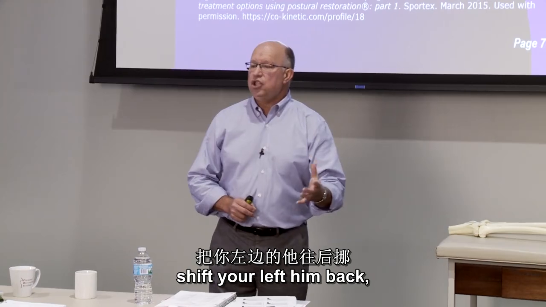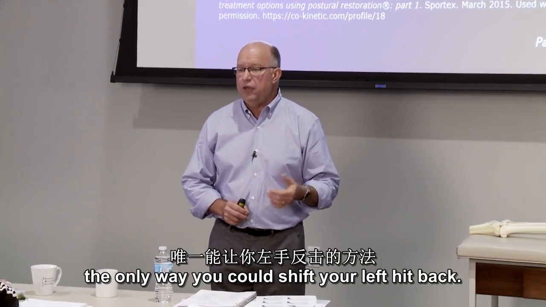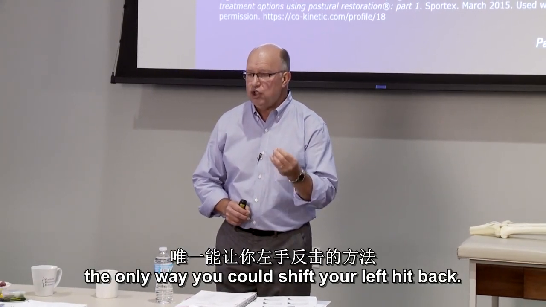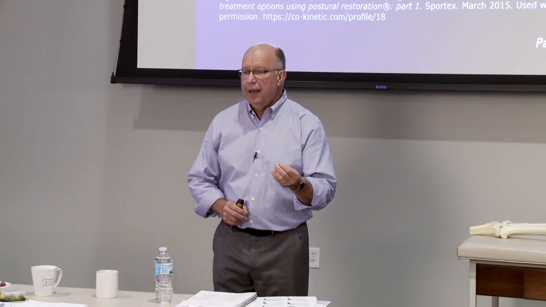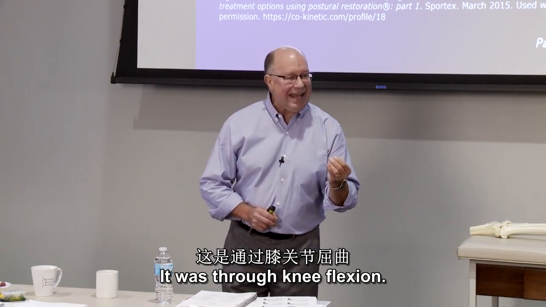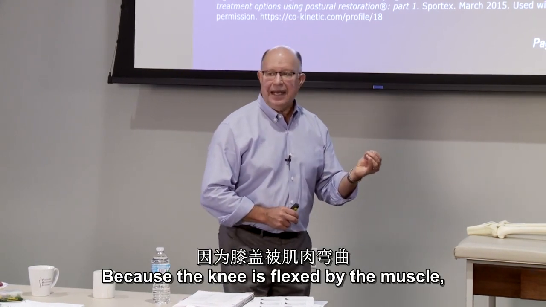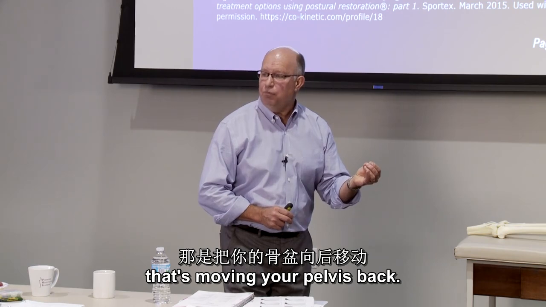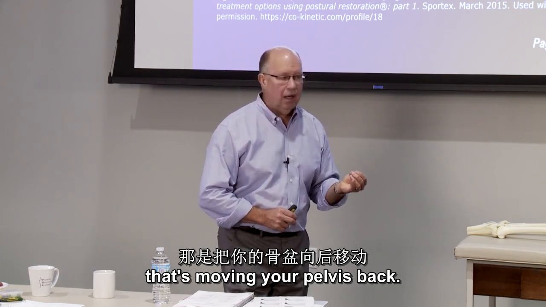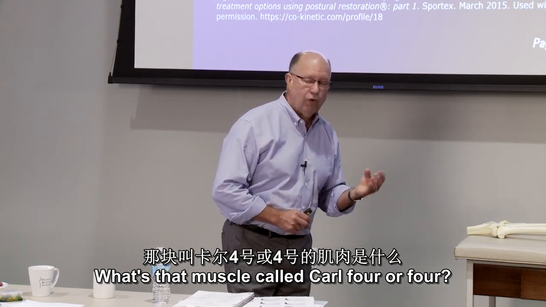When he says shift your left hip back, the only way you could shift your left hip back was through knee flexion, because the knee is flexed by the muscle that's moving your pelvis back. What's that muscle called, Carl? Hamstring.